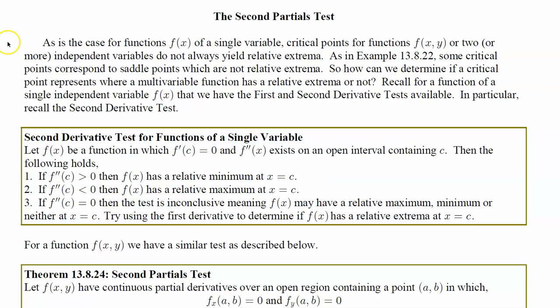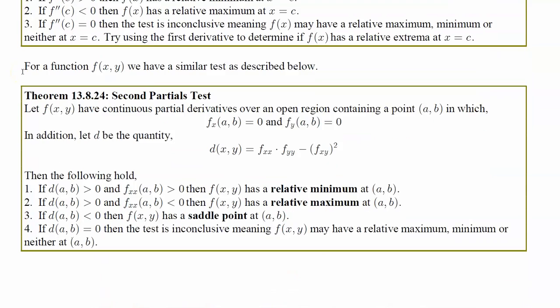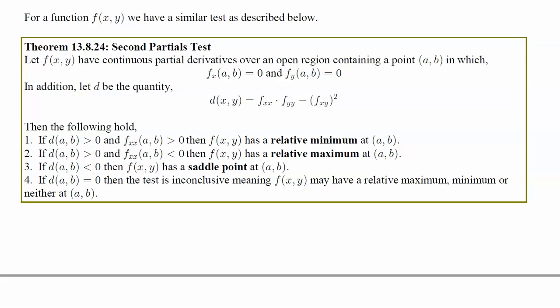Now, how does this test look for functions of two variables? Well, here's what it looks like. For a function of two variables, we call this our second partials test. So if f has continuous partial derivatives over an open region containing a point (a, b), in which the partial with respect to x at (a, b) and the partial with respect to y at (a, b) are 0, and we let D be this quantity: the second partial with respect to x times the second partial with respect to y minus the mixed partial squared.